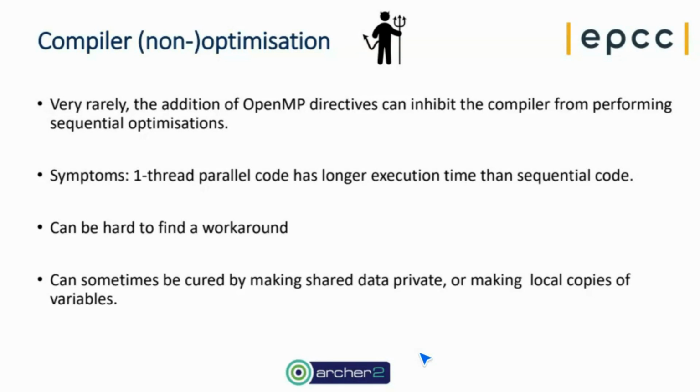Making local copies of global variables and things like that can sometimes help. But in general, it's pretty hard to diagnose what went wrong or which part of the compiler's analysis has suddenly failed because you added an OpenMP directive.